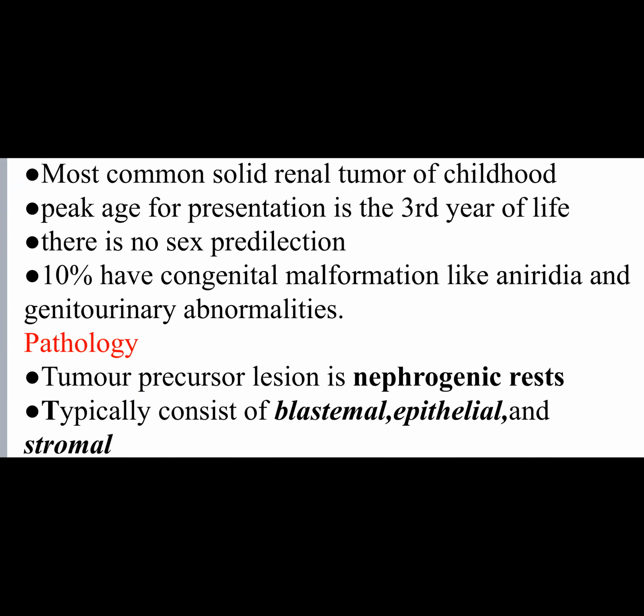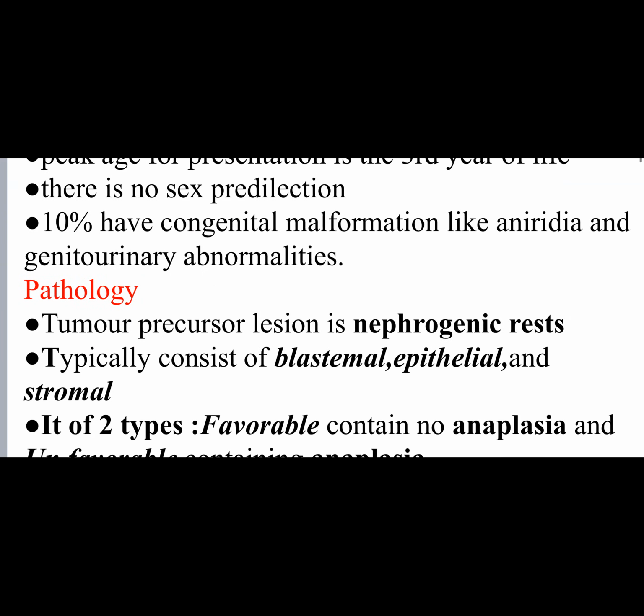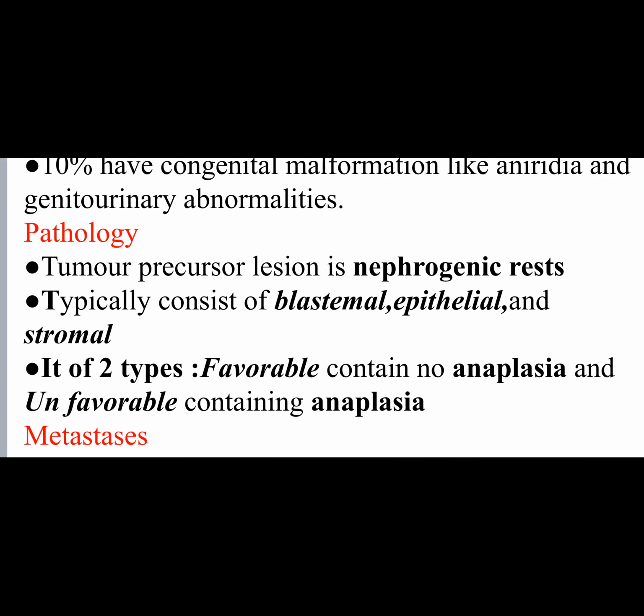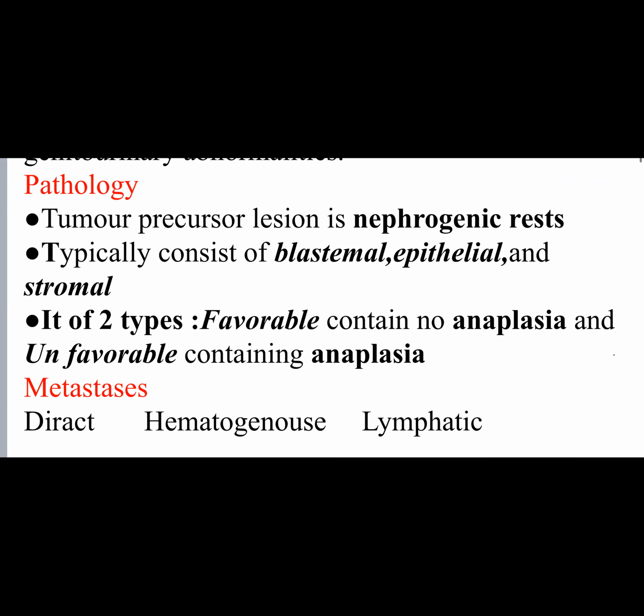Pathology: the tumor precursor lesion is nephrogenic rest. It typically consists of blastemal, epithelial, and stromal elements. There are two types: favorable, which contains no anaplasia, and unfavorable, which contains anaplasia.